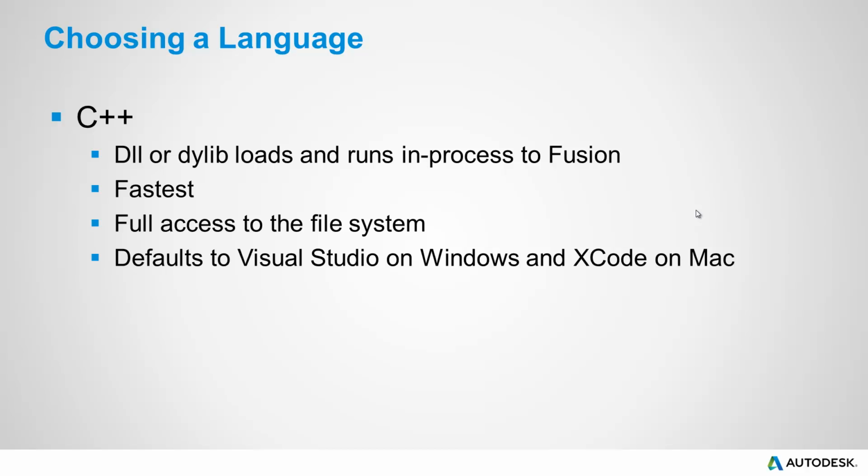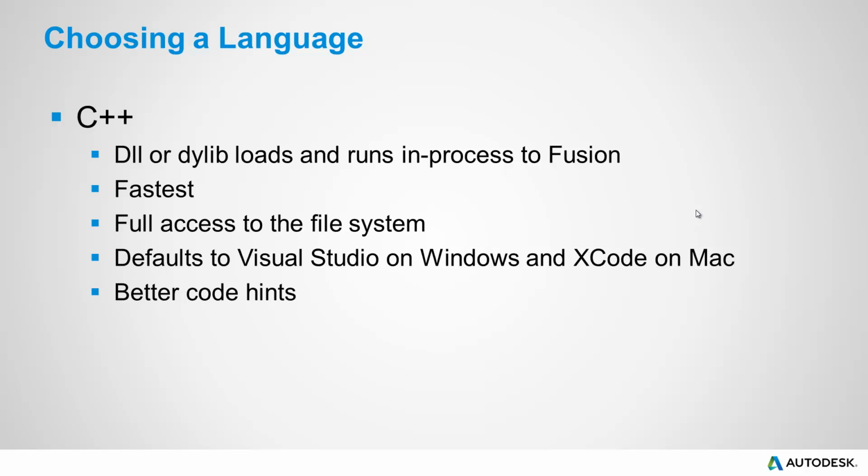And you can use any code editor you want, any compiler you want, as long as it'll create a standard Windows or Mac binary, but we default to these two. And because C++ is strongly typed, you tend to get better code hints when you're typing your code.